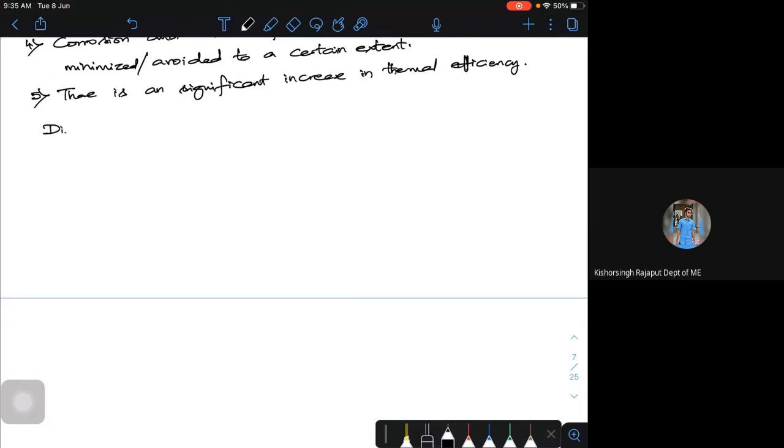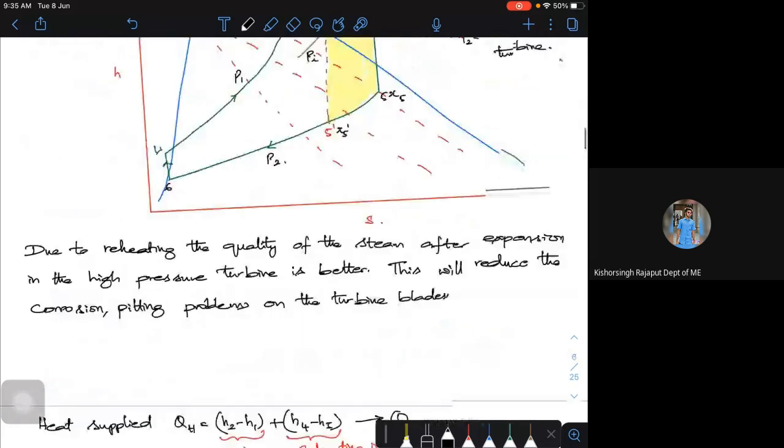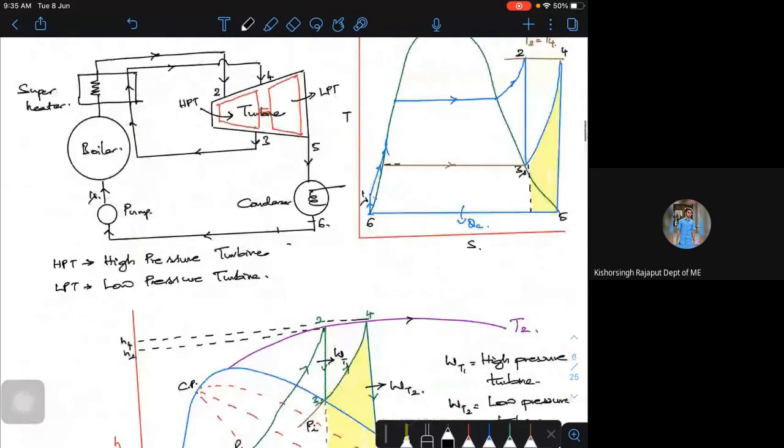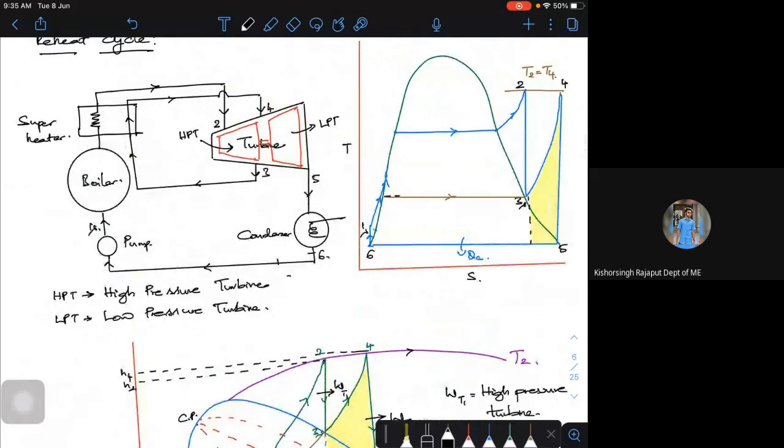There is a disadvantage also. What could this be? Because of the reheating, I will have so many pipings. I have to do piping from 3 to 4 and come back, all those things, and I have to divide the turbine into two sections.